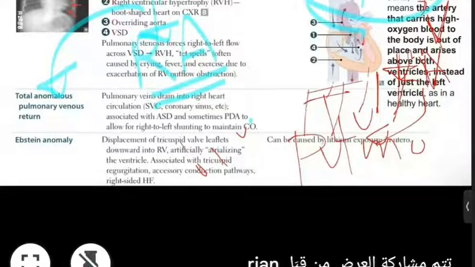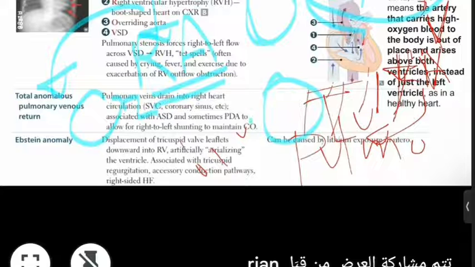So the right atrium has the oxygenated blood. Now what will the baby do? In order to survive, he needs a defect between the atria to carry this oxygenated blood from the right atrium to the left atrium, from the left atrium to the left ventricle, from the left ventricle to the aorta, or to have a defect in the ventricles.